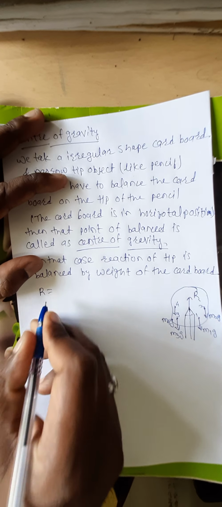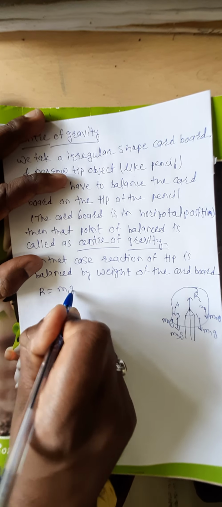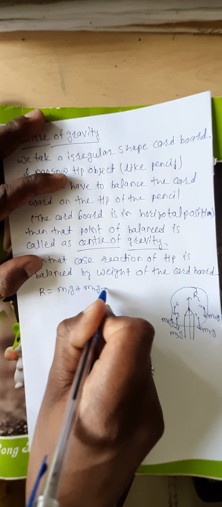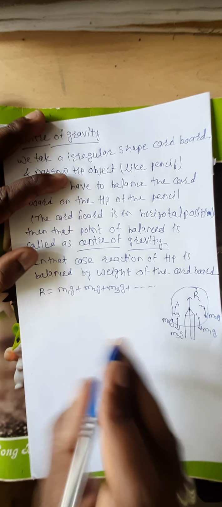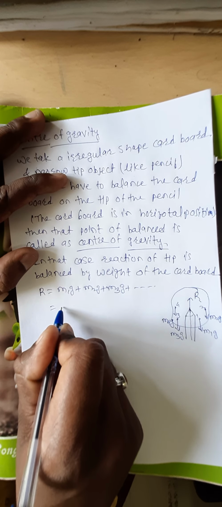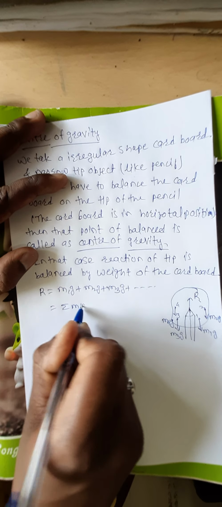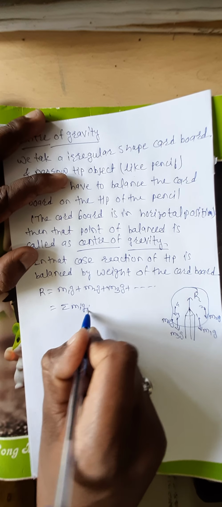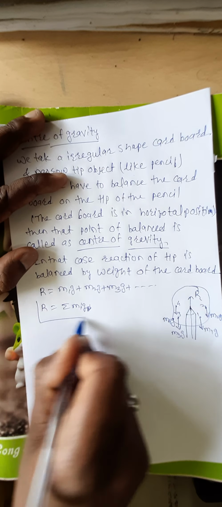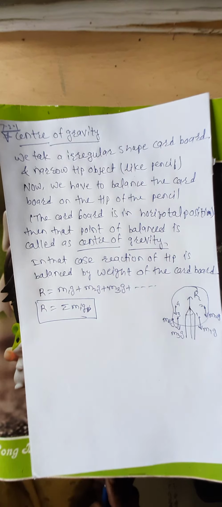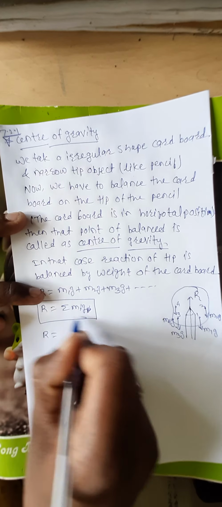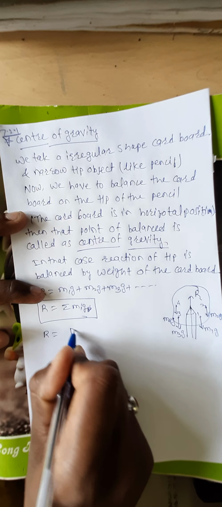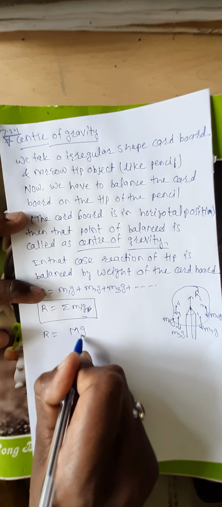Therefore the reaction of the tip is equal to m1g plus m2g plus m3g and so on, which is the summation of mi into g. Therefore the reaction is equal to the sum of mi into g. The sum of masses is the total mass, and g is constant.